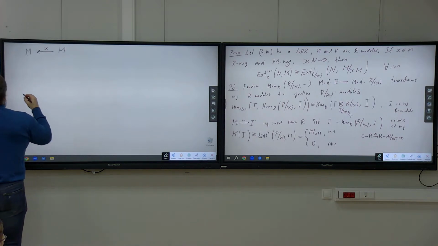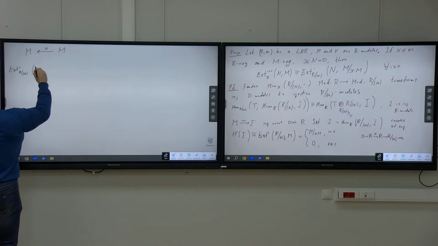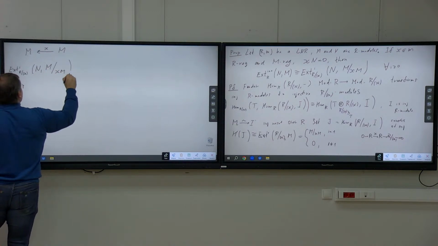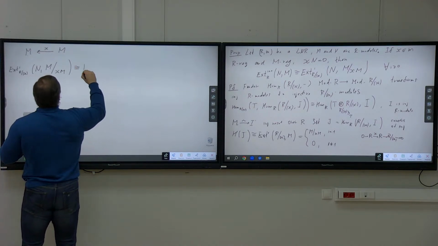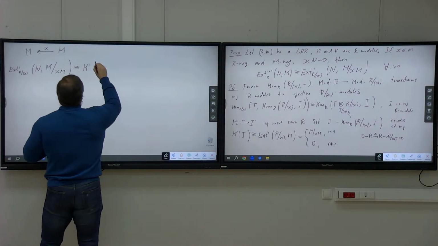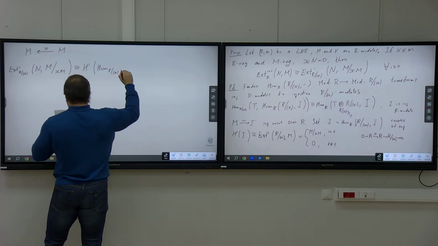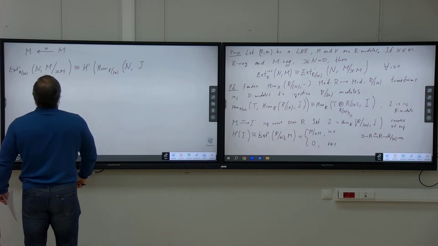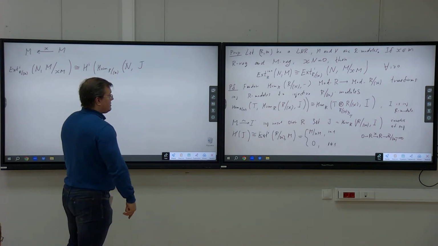Okay. So now let's do the computation. Ext i over the ring R modulo X between M and M modulo XM. So this is isomorphic to the homology H i over the Hom R modulo X. Now I need the resolution for this M modulo XM, and I constructed this J, which is almost the resolution except that it sits in the wrong degree.